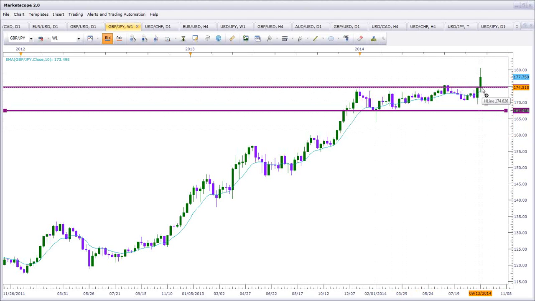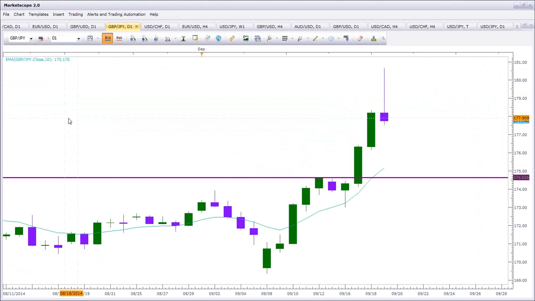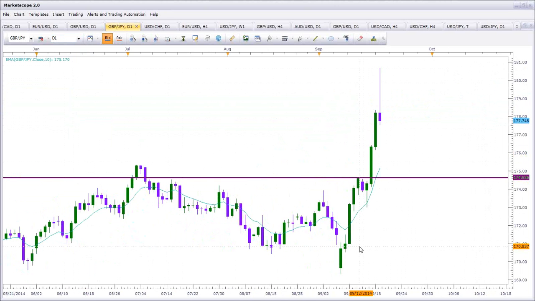Why? Because this is just a weekly chart. We need to know what exactly the market sentiment is about. So that is why we moved down to the next time frame, which we decided to be the daily chart, right? In the daily chart, you see the uptrend is more visible.